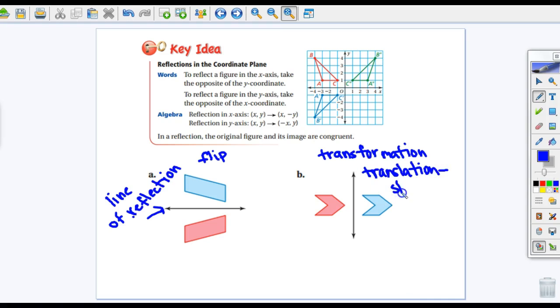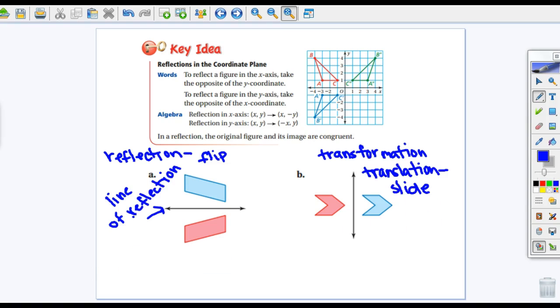Our key word is slide. We just took this shape and slid it over this way. So for reflection, we use the word flip. For translation, we use the word slide. Make sure you have that information copied down. When you're ready, push play.